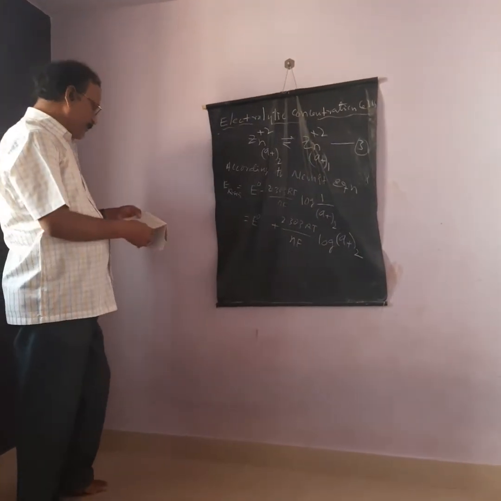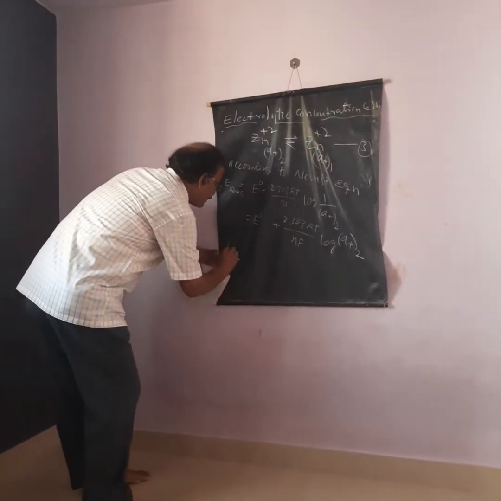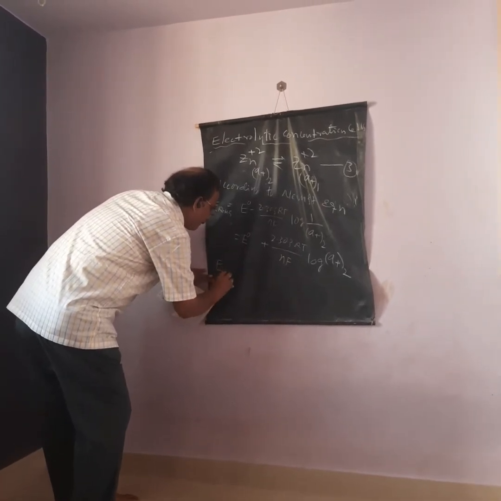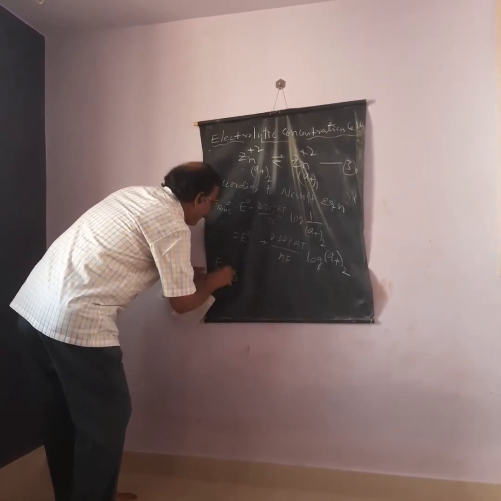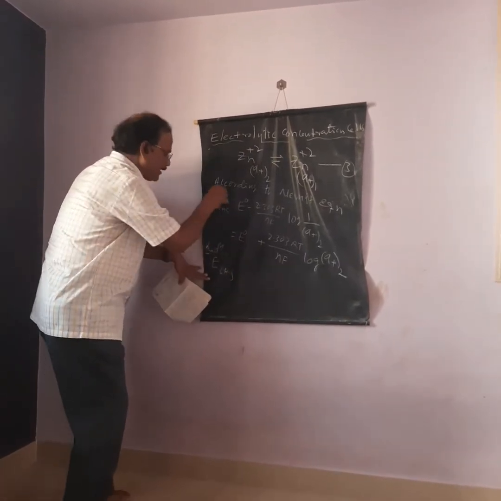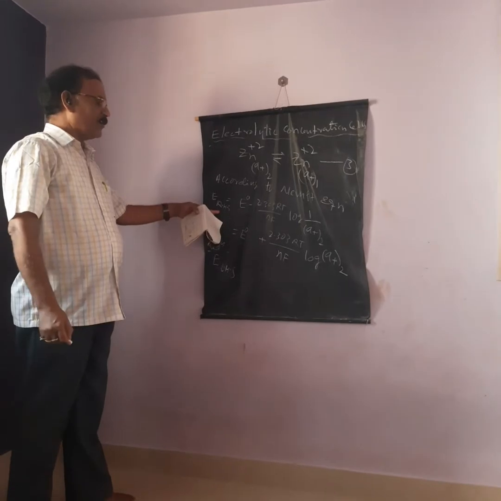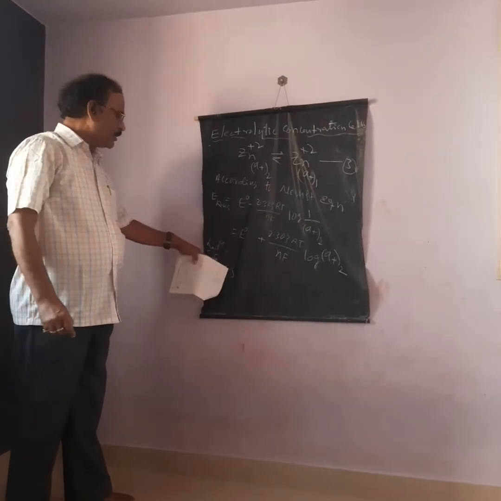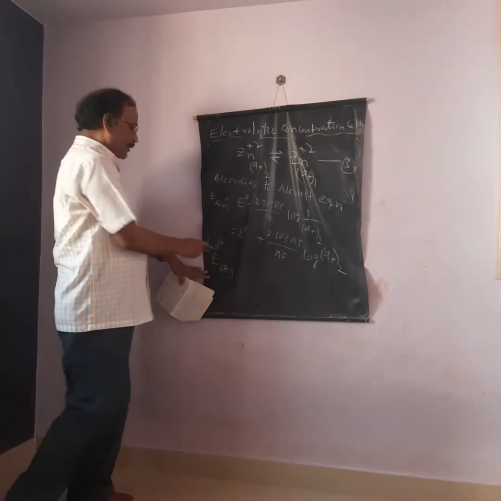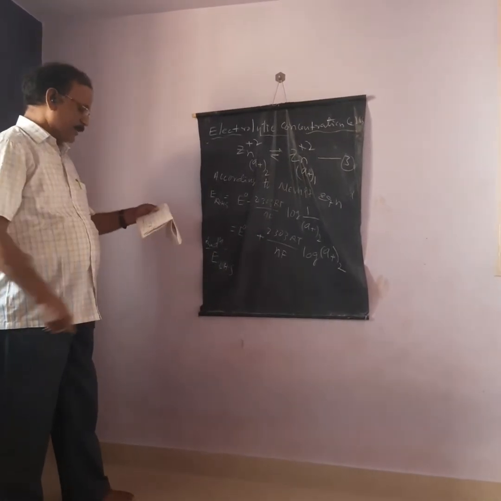Next, similarly, the reduction potential of the LHS electrode. Here also we can take reduction. Here in the LHS it undergoes oxidation, but we are taking the reduction potential at the opposite side.